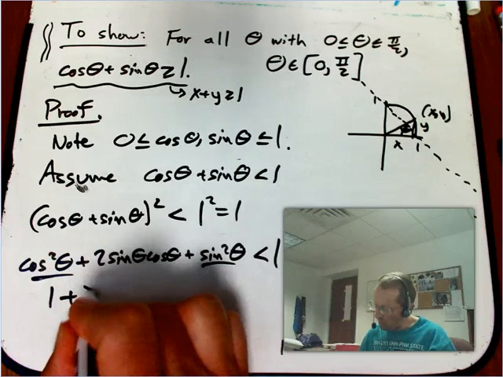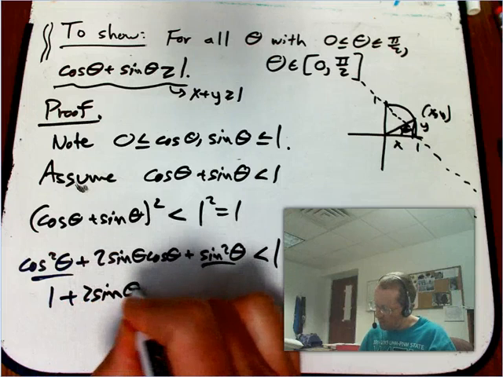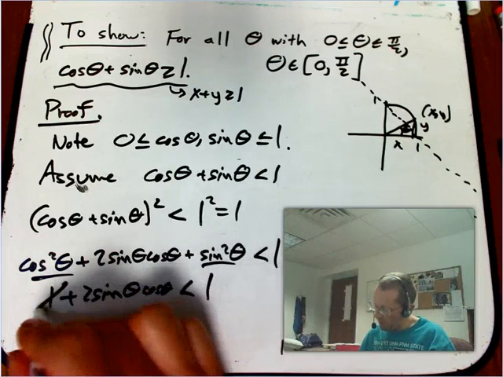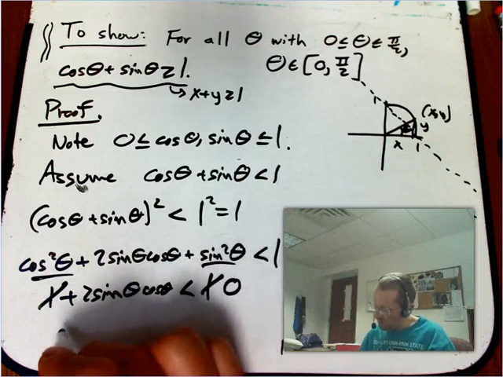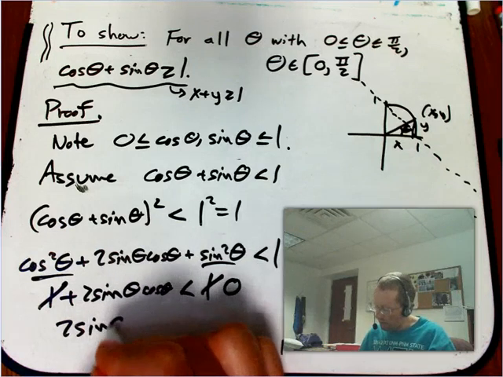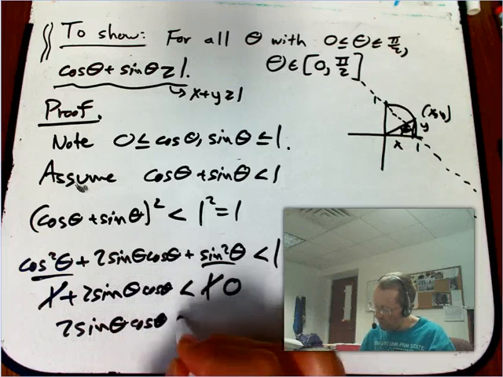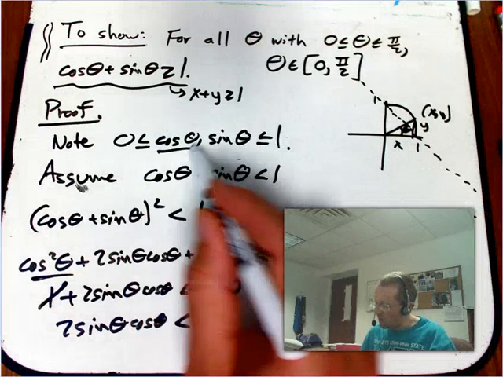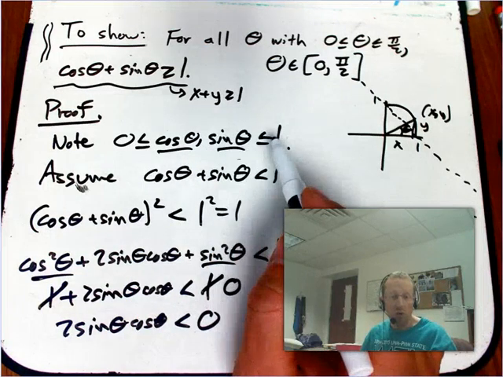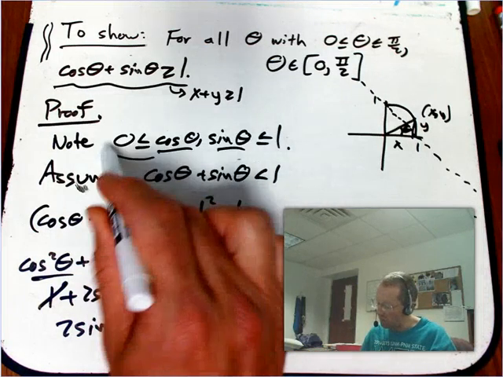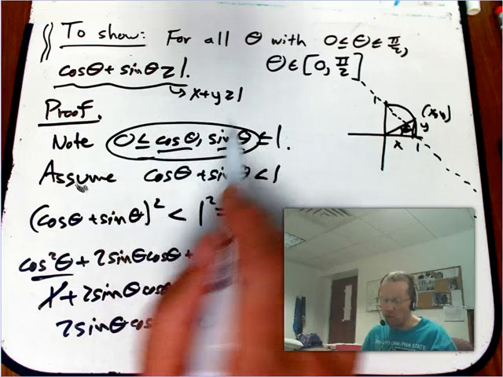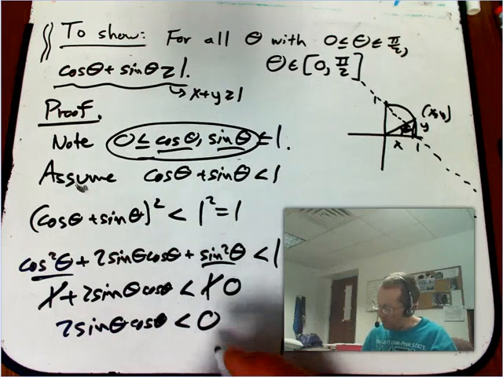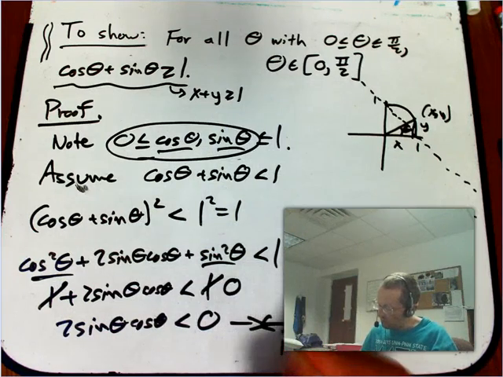So we're saying 1 plus 2 sine theta cosine theta is less than 1. Kill those, that's going to be 0. So we're saying 2 times sine theta cosine theta is negative. That's our contradiction, because we know that in this quadrant, cosine theta and sine theta are both positive, or non-negative anyway. So there's no way to take two non-negative numbers, multiply them together and double it, and get a negative number. So there's our contradiction.